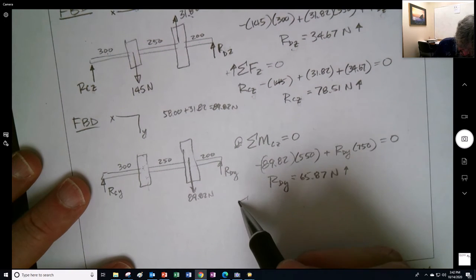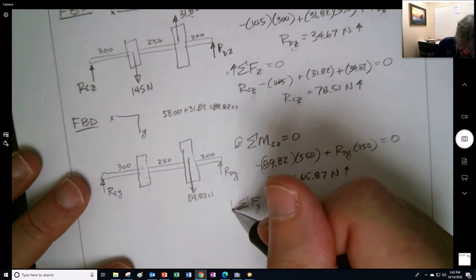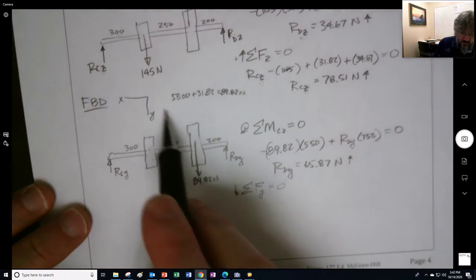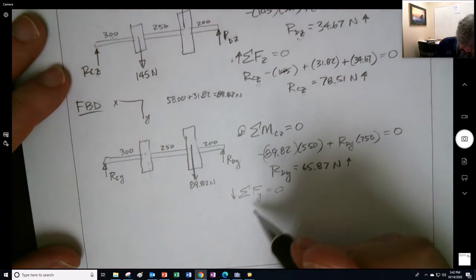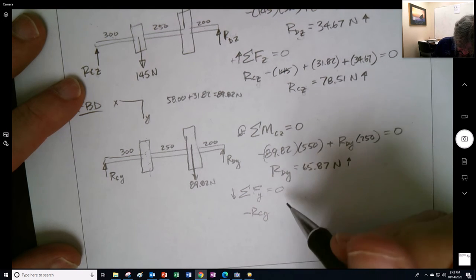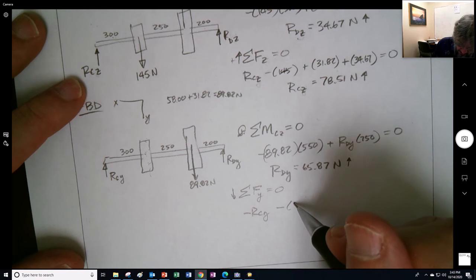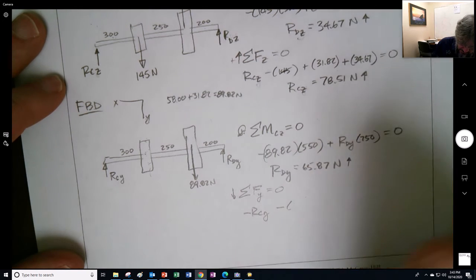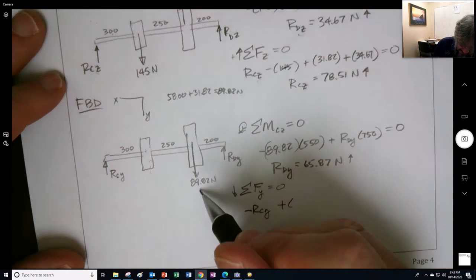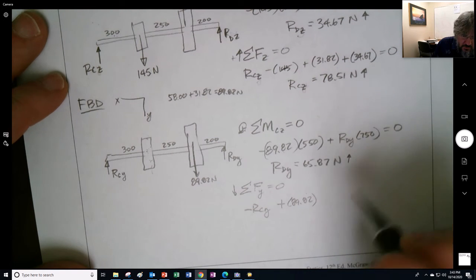And then we take the sum of the forces in the y direction, and that is downwards in the way that we've drawn here. So we have a negative RCY and a positive 89.82.